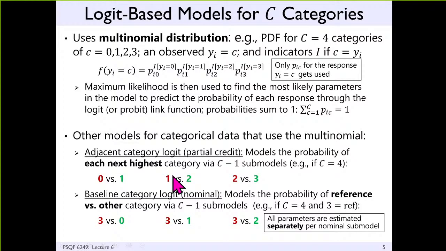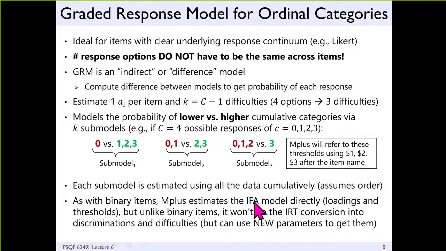So for instance, if I have a model that has 4 options, Mplus would label the threshold that goes with the first binary submodel as $1, the second one would be $2, and the third one would be $3. So there are C minus 1 submodels that each get their own $ sign.